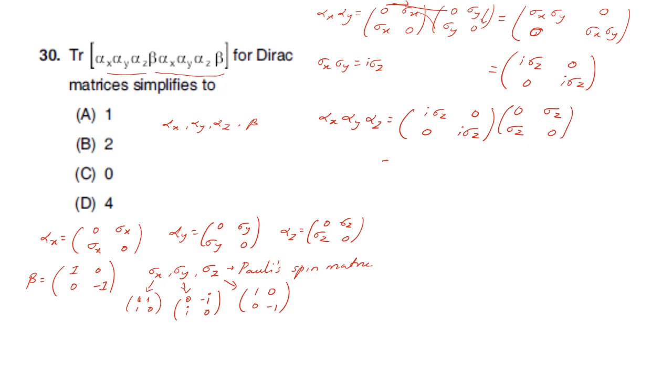That is equal to, so the diagonal elements are 0, and the off-diagonal elements are I sigma z square.